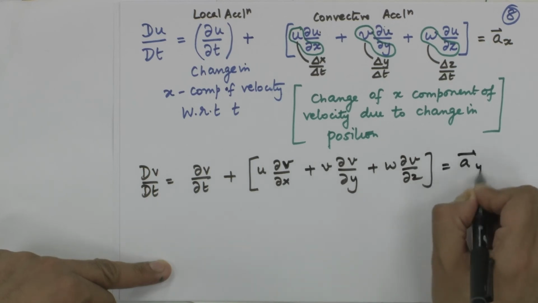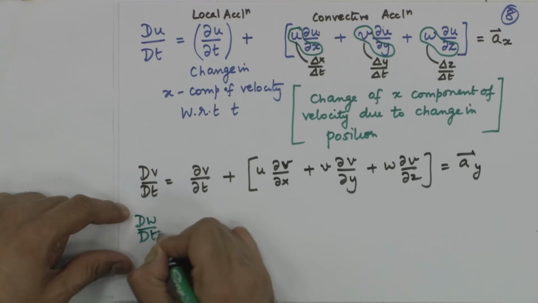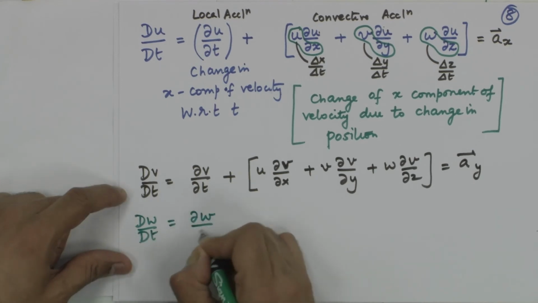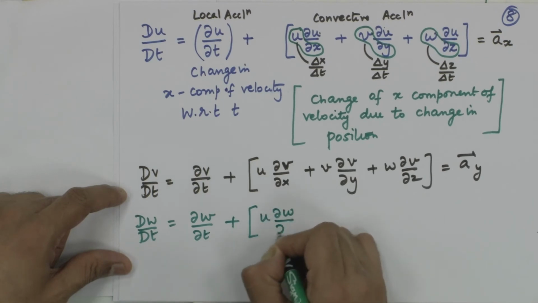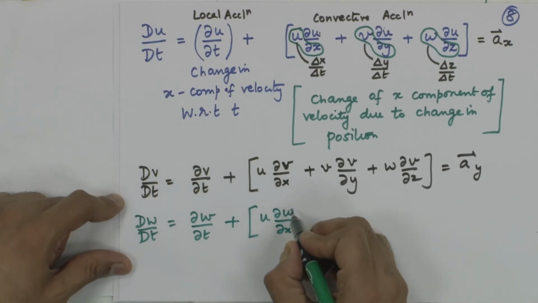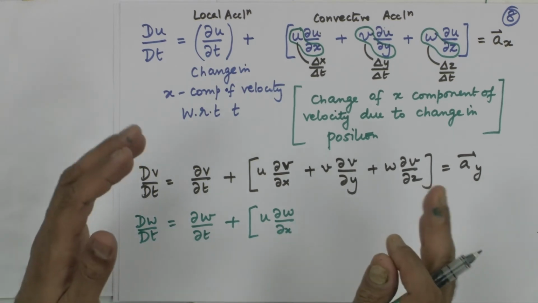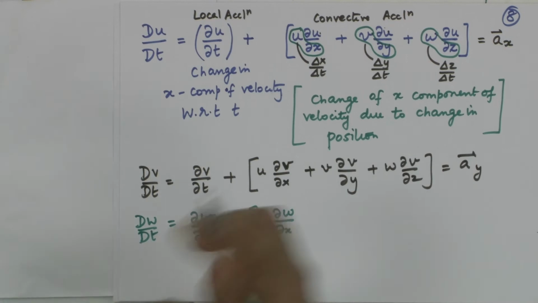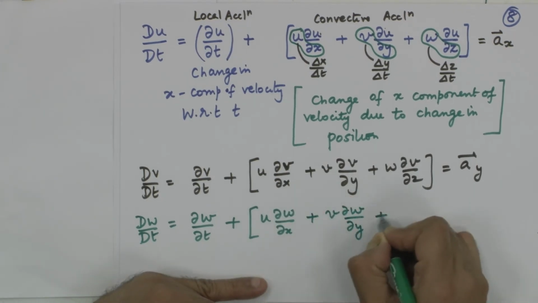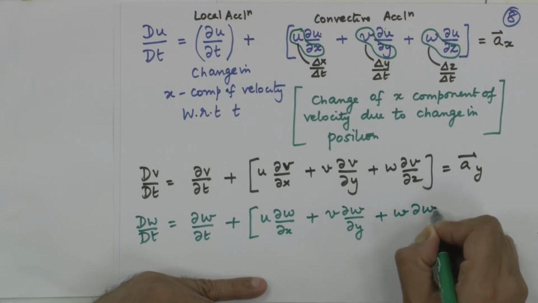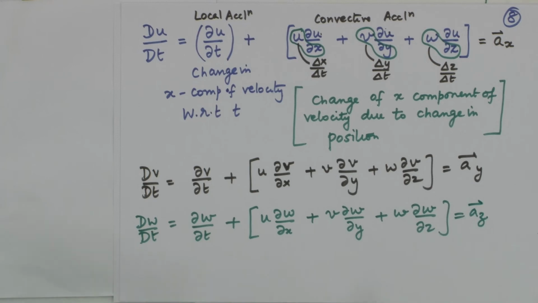This is a y. Then dw by dt plus u dw by dx. Change in the z component of the velocity with respect to x is being carried by the x component of the velocity u, therefore multiply, plus v dw by dy plus w dw by dz, which is equal to az.